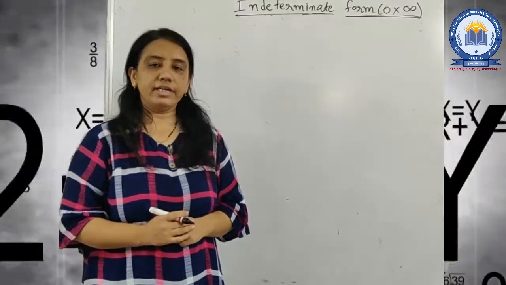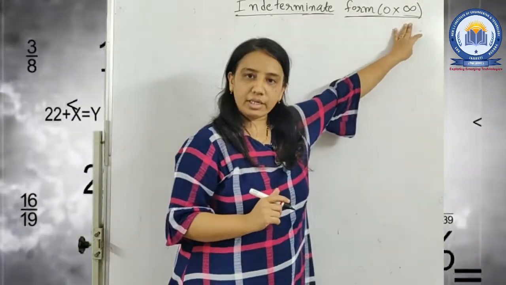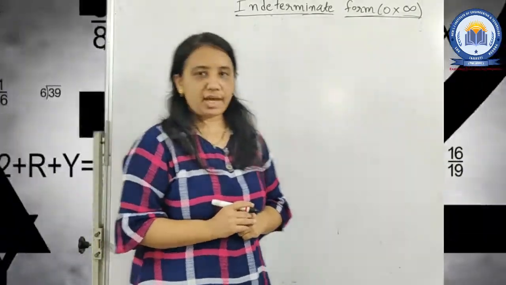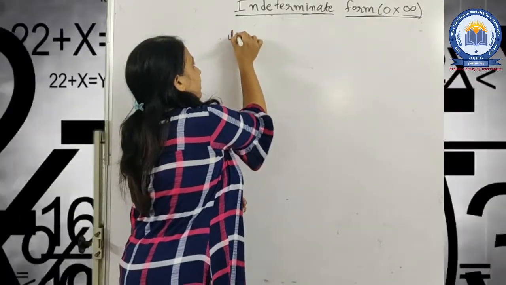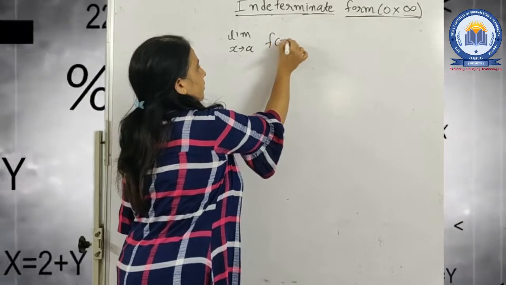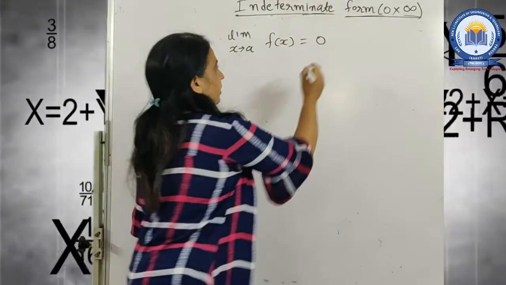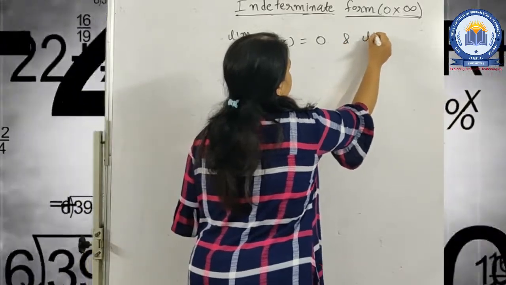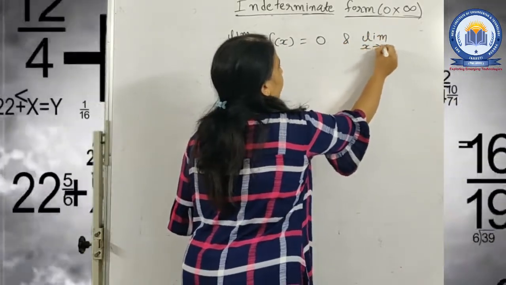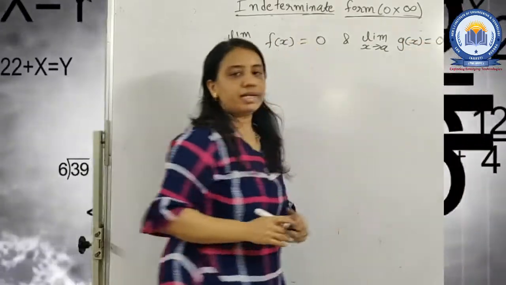Now the indeterminate form, that is 0 into infinity. So for example, if limit x tends to a f(x) equal to 0 and limit x tends to a g(x) equal to infinity.